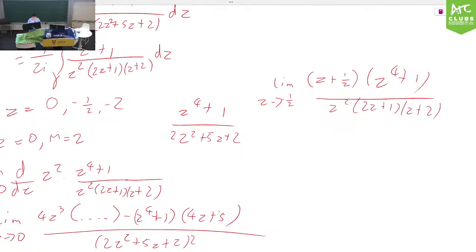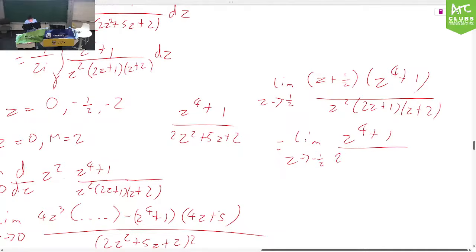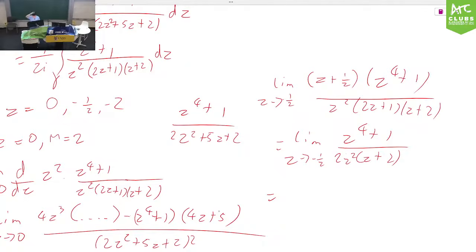Sure, we can cancel this out, but remember this 2, get that out of there first. So z to the 4, take out this 2, and then it should be pretty easy from here. 2z squared, z plus 2. If we sub it in, it's not going to make a 0 or anything like that, so let's just sub it in. Answer 4. Easy. 17 on 12.